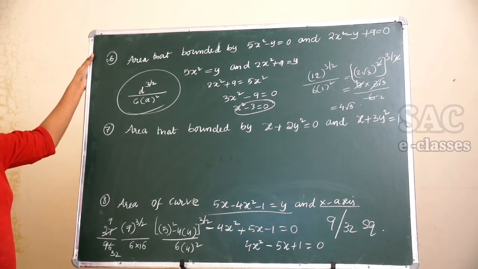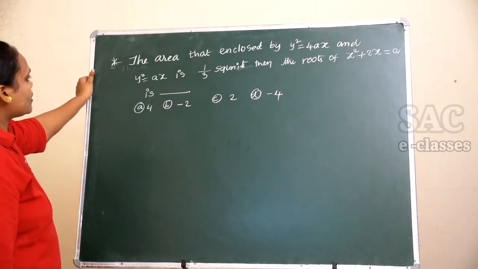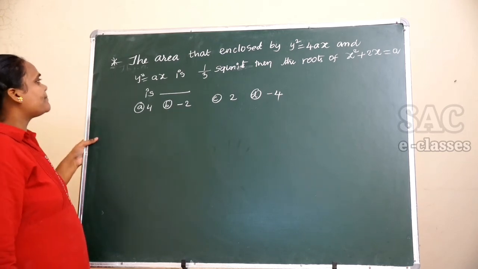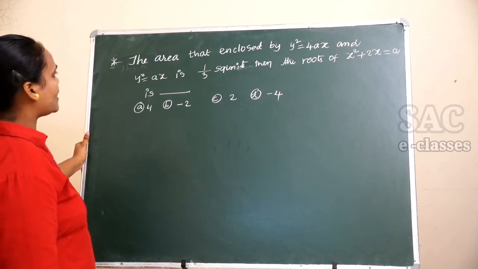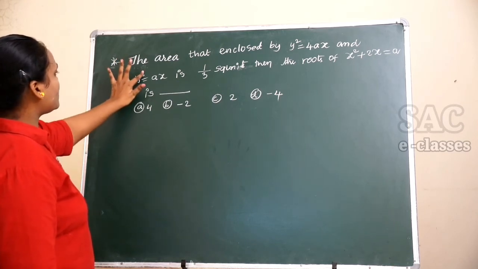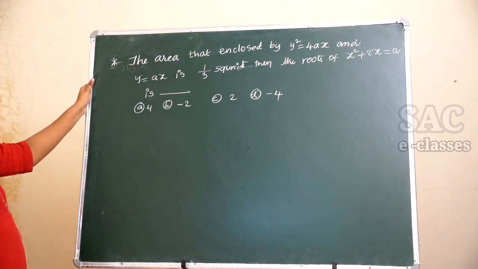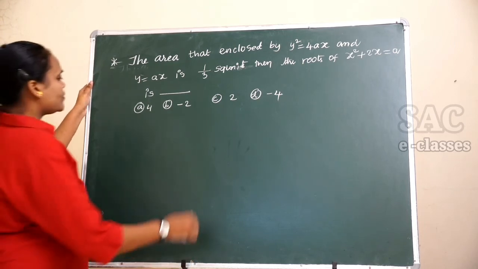Let's go to the next problem. See the next important and very challenging problem, but it can be solved very easily. The area enclosed by y squared equal to 4ax and y equal to ax is 1 by 3 square unit. Then the roots of x squared plus 2x equal to a are.